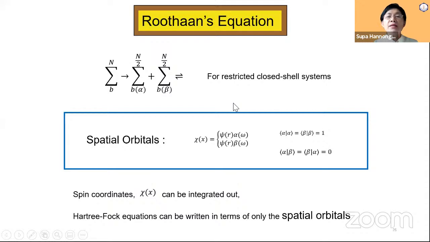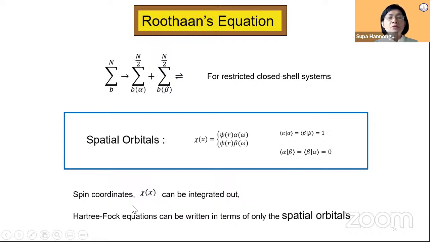And the Roothaan equation considers restricted closed shell systems. That means the outer orbital or the valence shell orbital will be occupied by 2 electrons. Okay, we call it a closed shell system. And for spatial orbitals, you may remember the alpha and beta, spin up, spin down, and the normalized wave function.